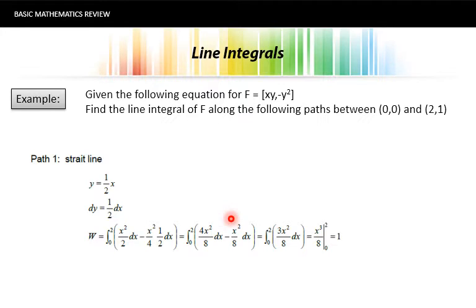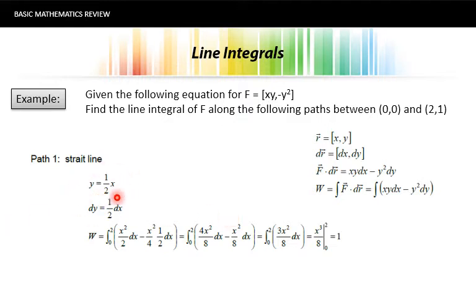Let's discuss a specific example. Given the following equation for f, find the line integral of f along the following paths between points (0, 0) and (2, 1). The first path is a straight line represented by the equation y equals 1/2 x. If we integrate dy, this is what we find.